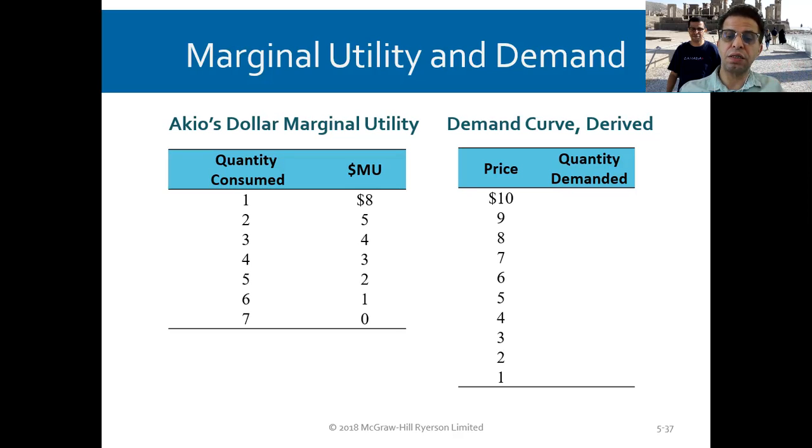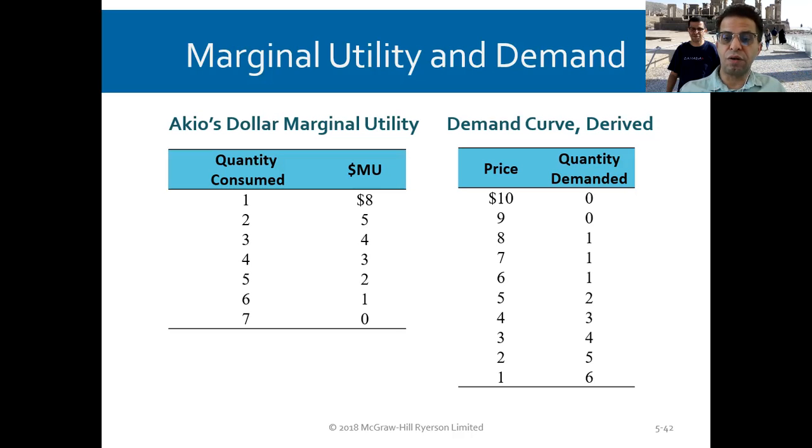If the marginal utility price is 8, but if the price is 10, Achio is not interested in buying because it's not giving the value or the utility. So Achio pays 8 because that's how much value he's getting. If it's more expensive, he's not going to buy it. And as the price goes down, he will be buying more and more.